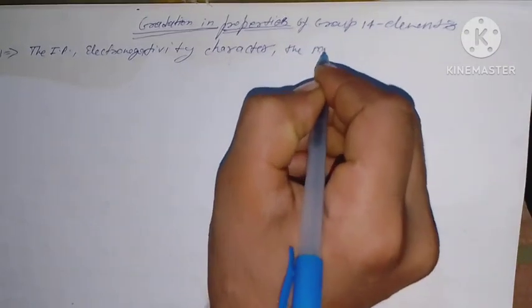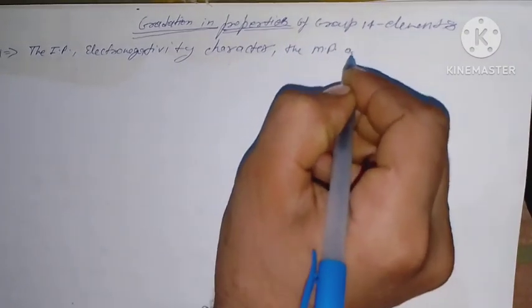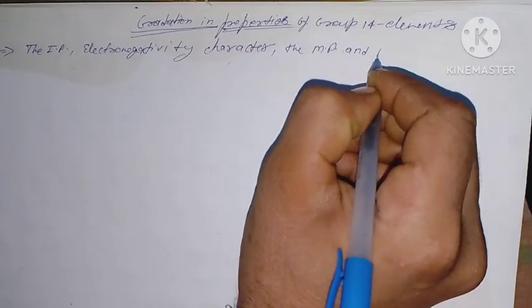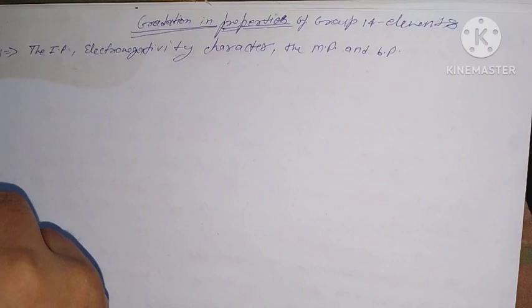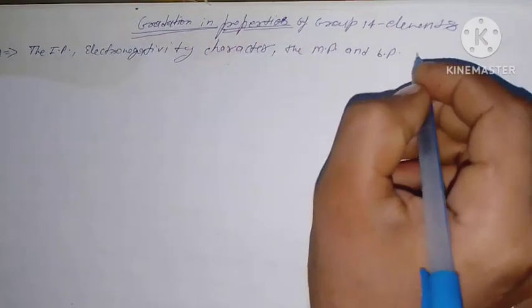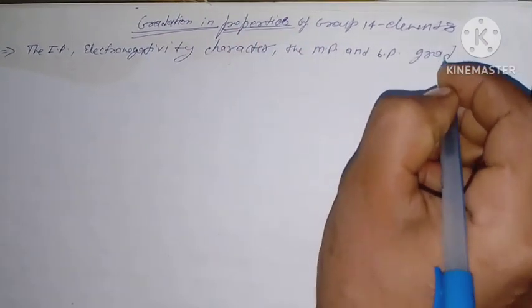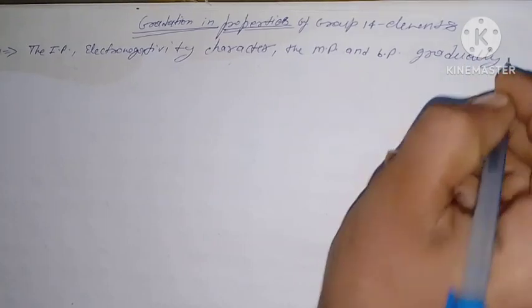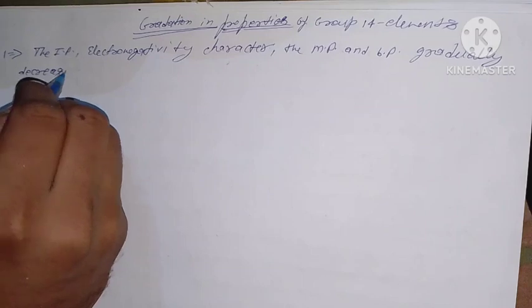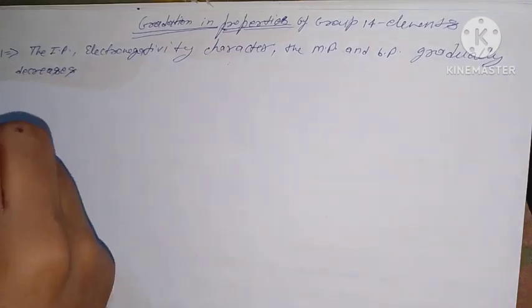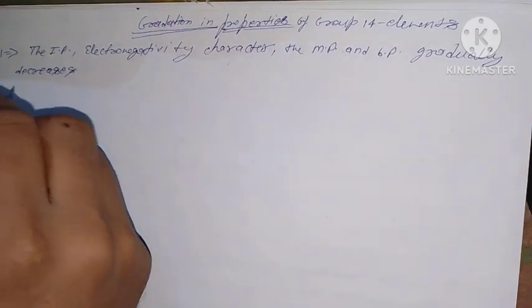The melting point and boiling point gradually decrease with the increase in atomic weight.